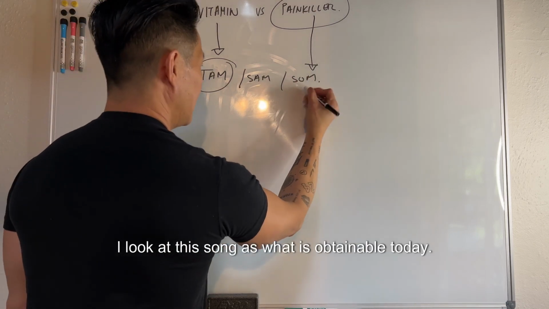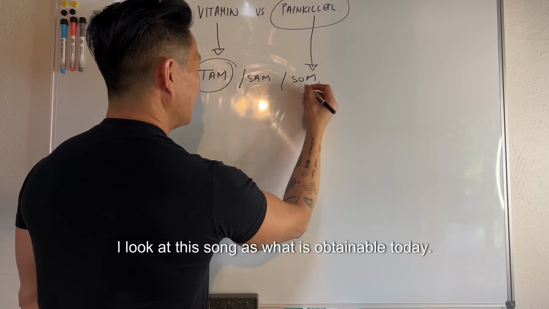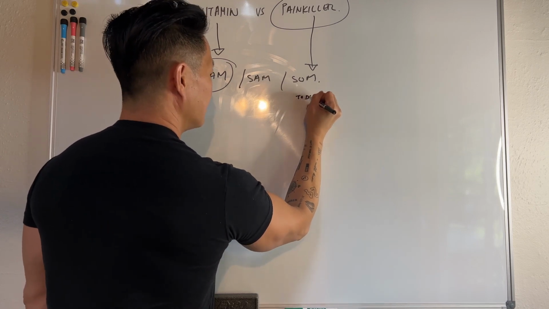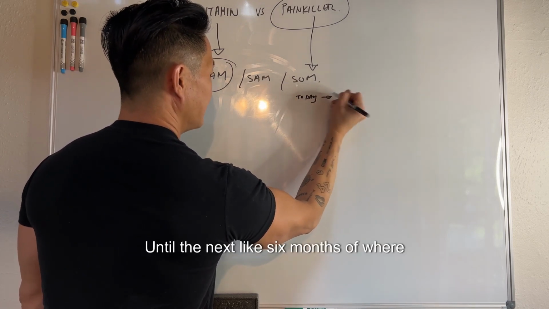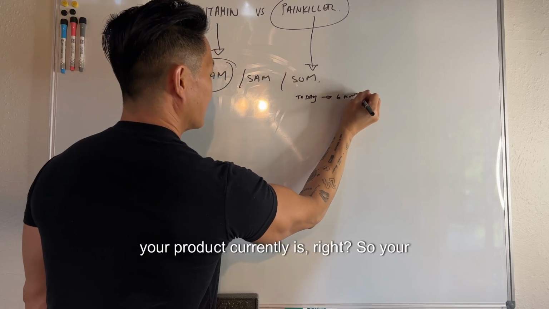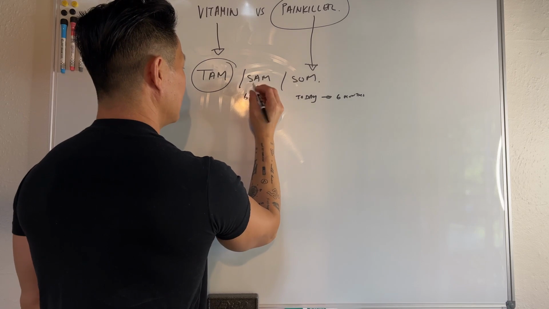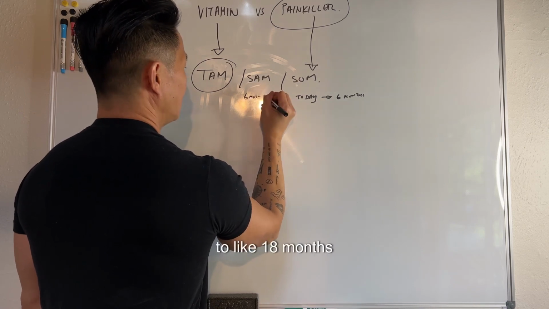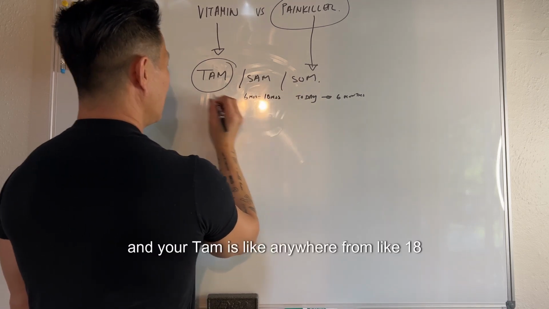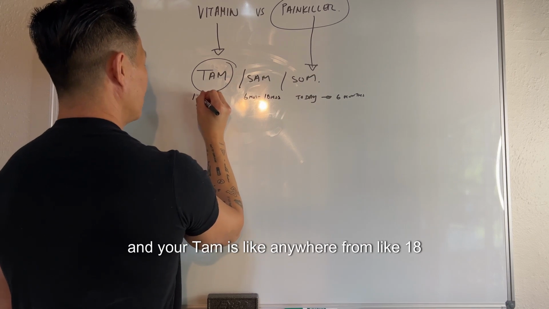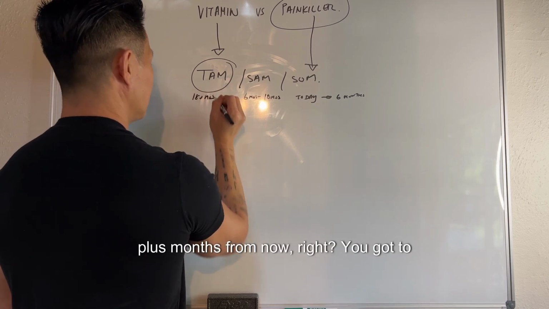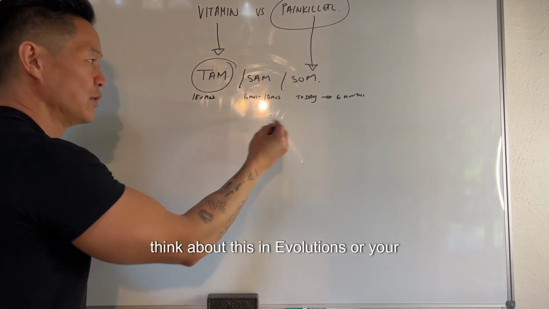I look at this SOM as what is obtainable today until the next 6 months of where your product currently is, right? So your SAM is 6 months to 18 months, and your TAM is 18-plus months from now, right? You've got to think about this in evolutions of your product.